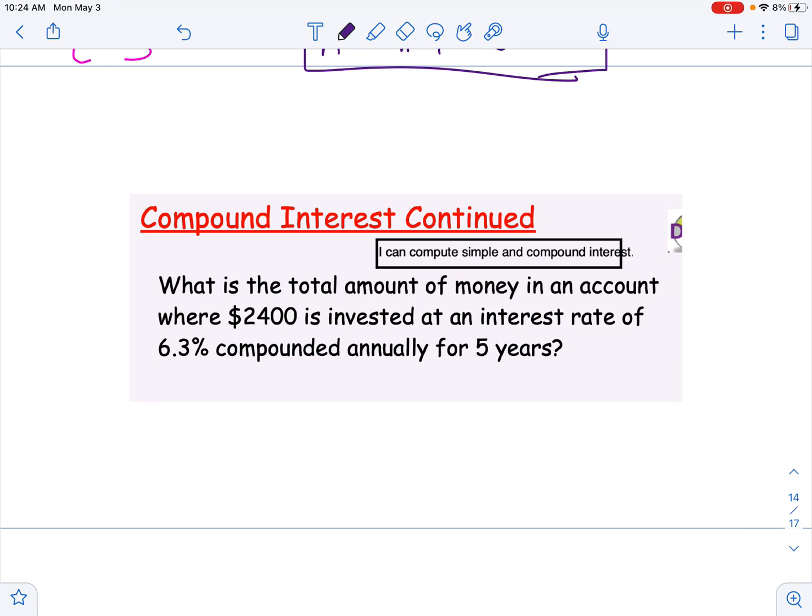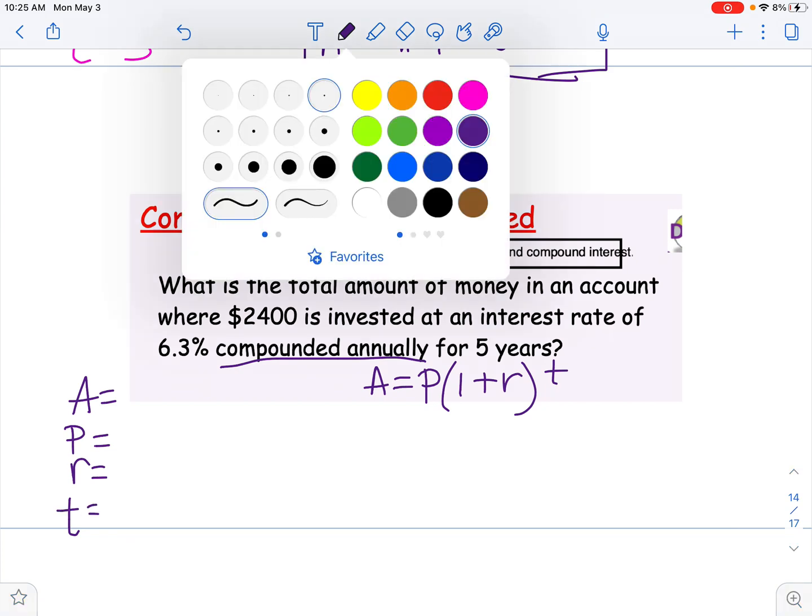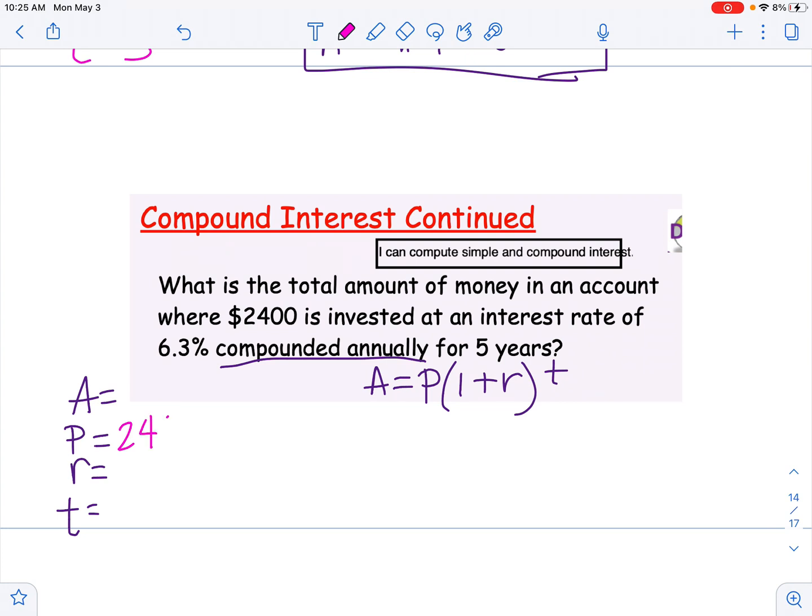All right, the last one says, what is the total amount of money in an account where $2,400 is invested at an interest rate of 6.3% compounded annually for 5 years? So compounded annually means we use our formula A equals P times 1 plus R to the T. So I know 2,400 is invested, so that's my principal.